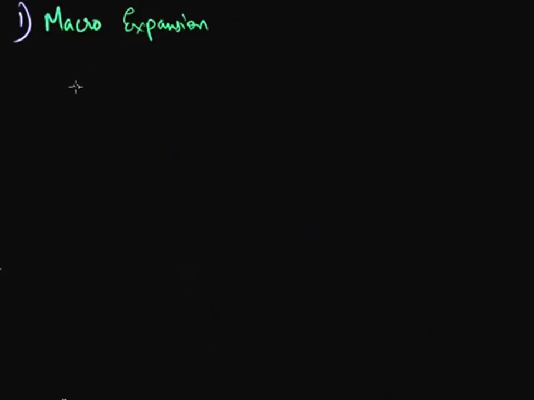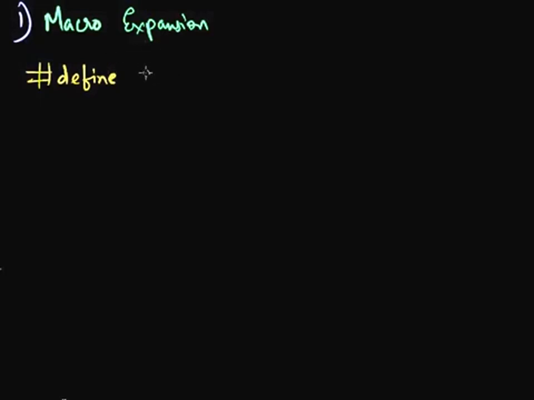So with this, let us start off with the first preprocessor directive, known as macro expansion. Now let me give you an example of macro expansion. Hash define. Hash define is the directive for any macro.